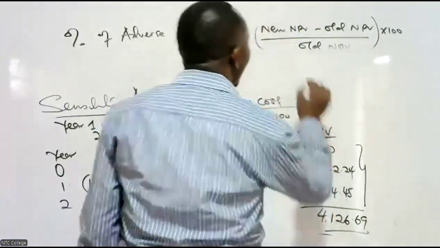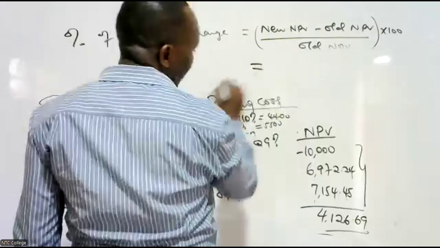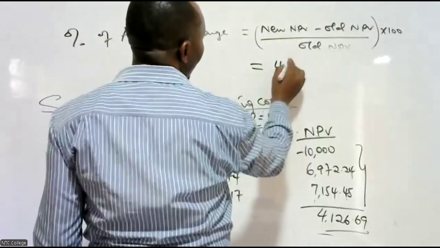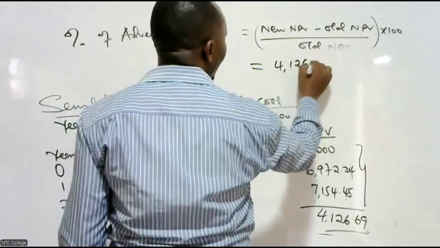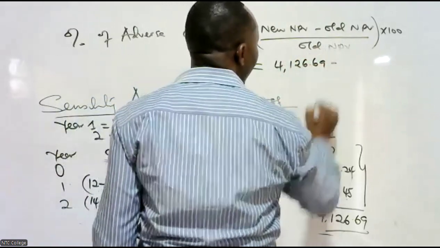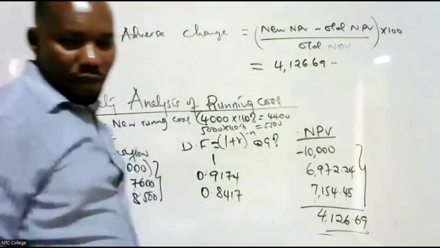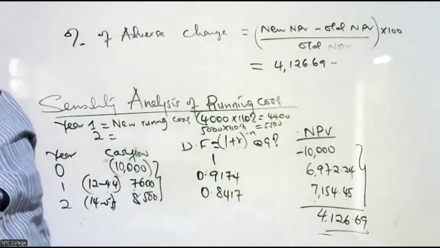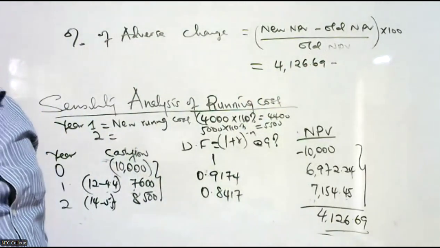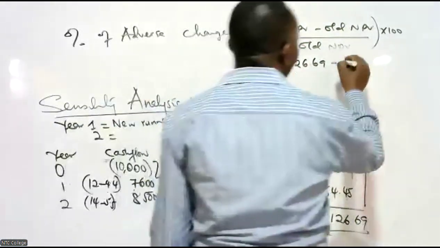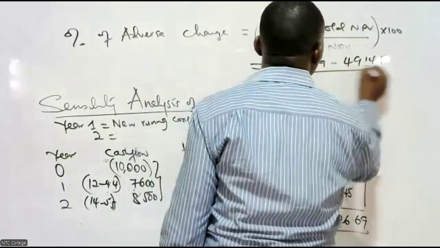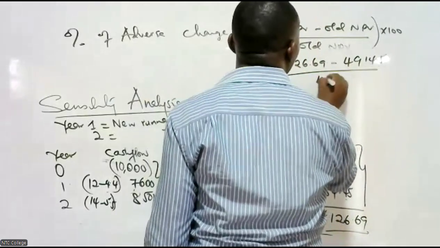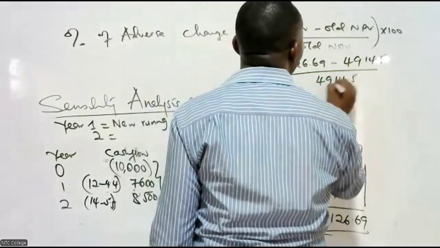Confirm it is true. So our new is 4,126.69 minus the original was 4914.5, all over 4914.5.